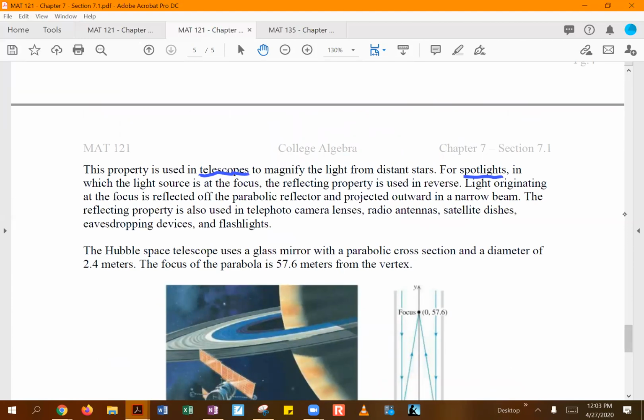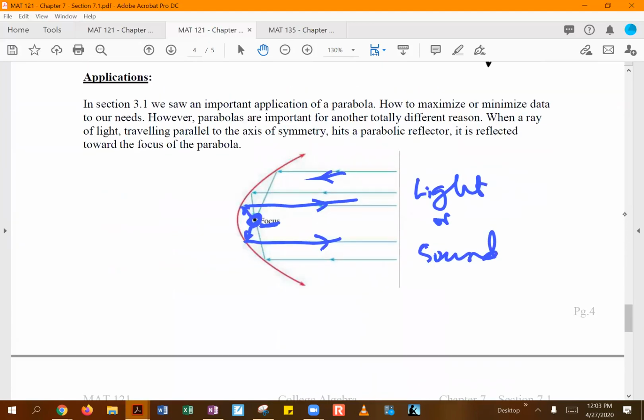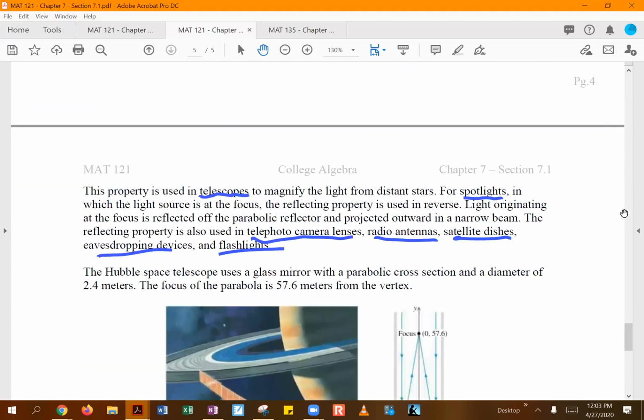And they're talking about how this reflective property is used in telephoto camera lenses, radio antennas, satellite dishes that we use, even something on your cable television, eavesdropping devices, and even something as simple as your everyday flashlight. So that's the idea of where this reflective property of a parabola comes into play. And that's why we are interested in this whole concept of the focus and the directrix.